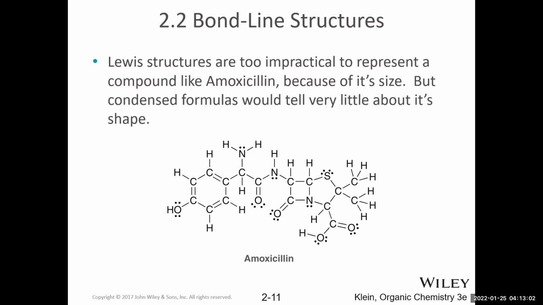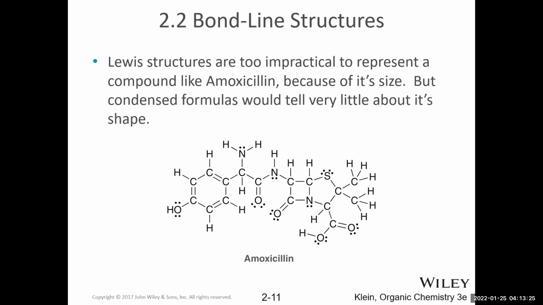Because of that, organic chemists are a bit too lazy to draw that out. So we need a way to draw this that gives us just as much information as a Lewis structure, but that's faster and easier to draw, and gives us all the information about its size and shape.